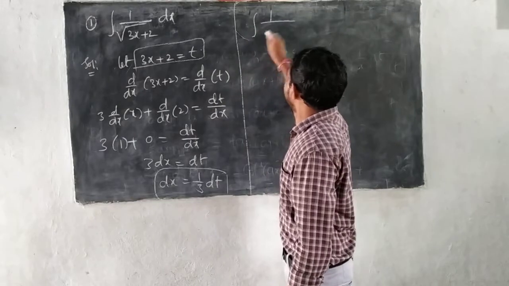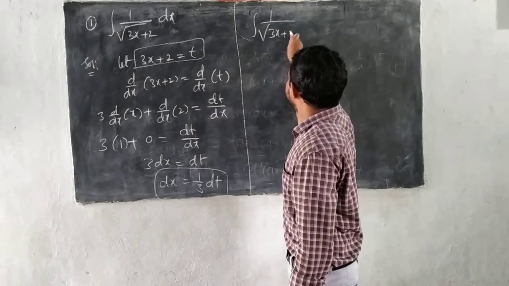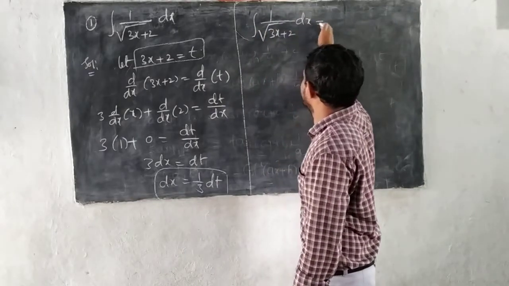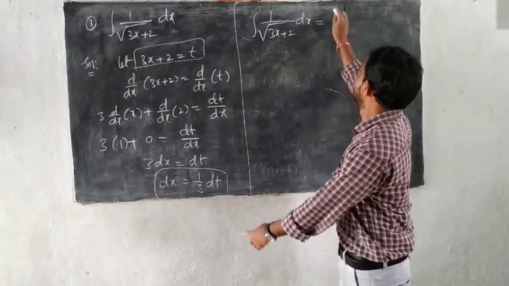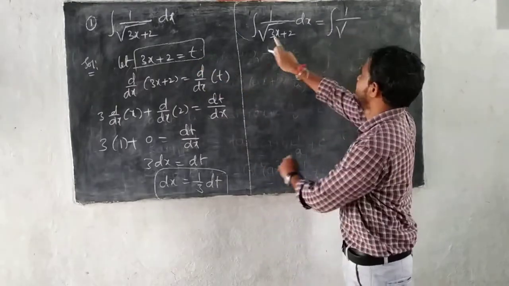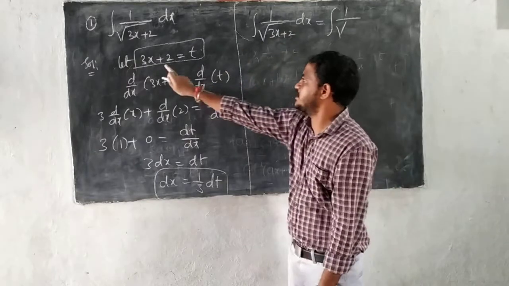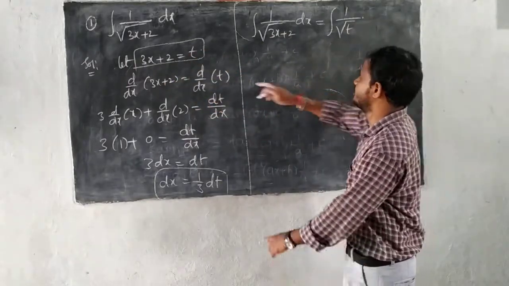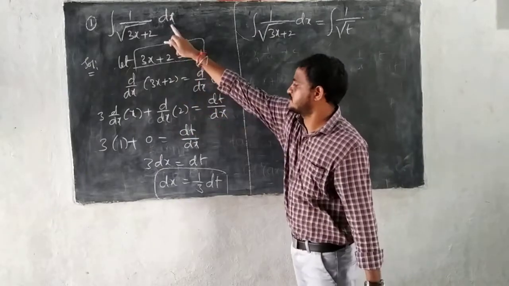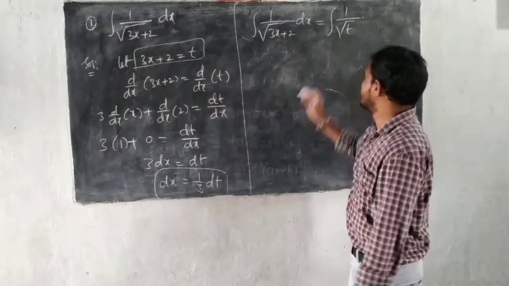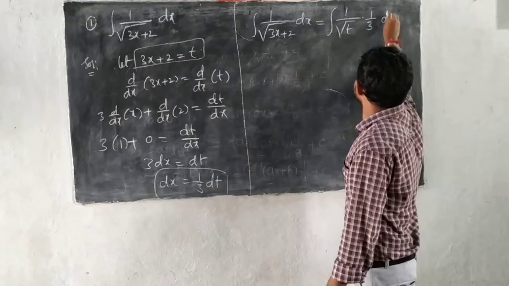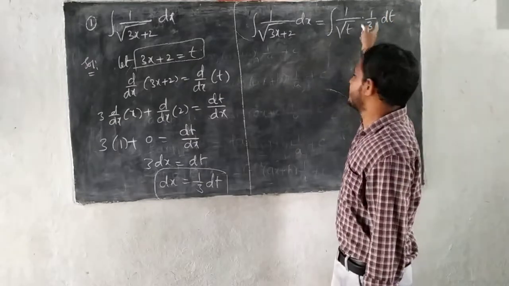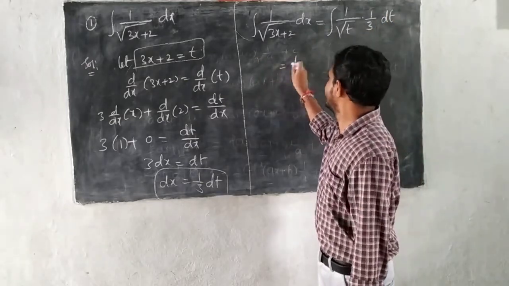That is, integration of 1 by square root of 3x plus 2 into dx equals 1 by under root of 3x plus 2. In place of 3x plus 2 we substitute t. So we get 1 by root t into dx. What is dx? 1 by 3 into dt. So write this 1 by 3 outside because it is a constant.